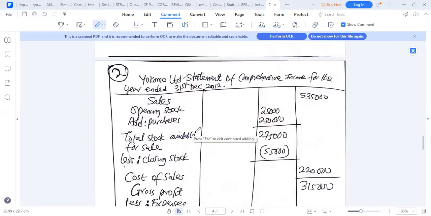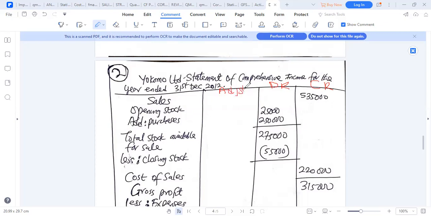Then we get into the solution now. You need to look at the Como Limited statement of comprehensive income for the year ended 31st December 2012. The first thing to do is this. This column is for credit, this one is for debit, and this one is for adjustment.